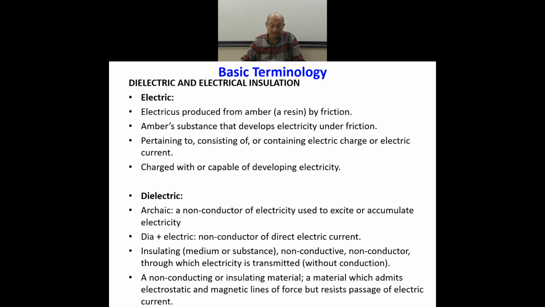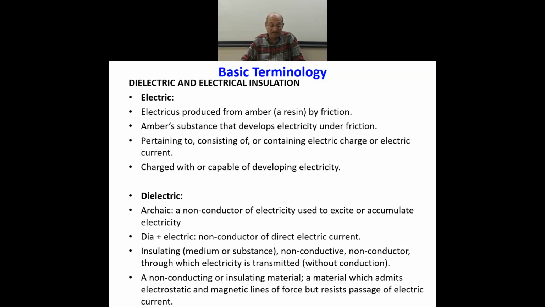Insulating medium or substance, as we put it, is non-conductive, a non-conductor through which the electricity is not able to be transmitted. Or you can say without conduction.